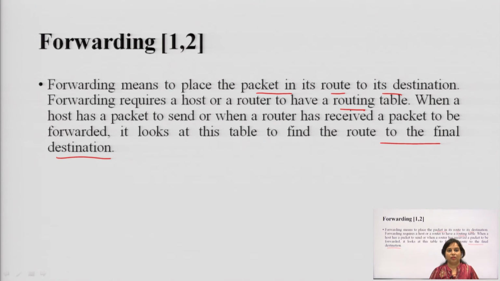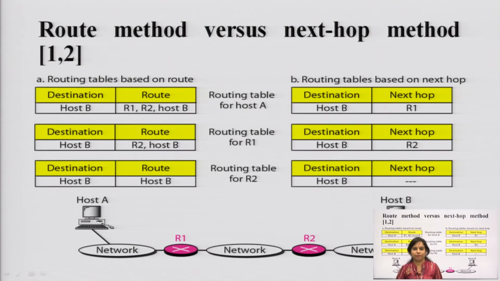That concept is used in the routing table, where the path is pre-decided and fed into the table, and when we have a packet to transfer to a particular destination, it has to consult that routing table. It will change depending on the host. If the host changes, then the routing table will definitely change.